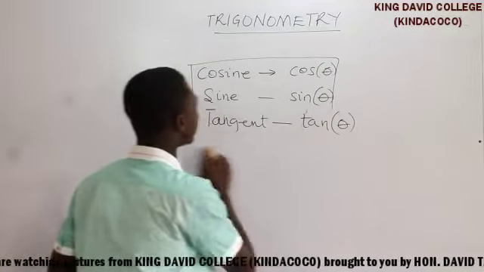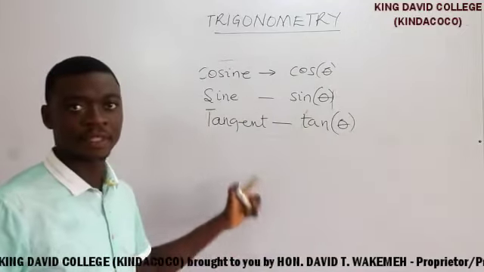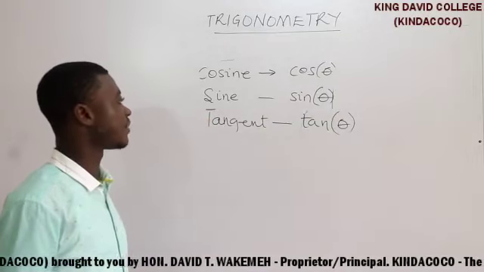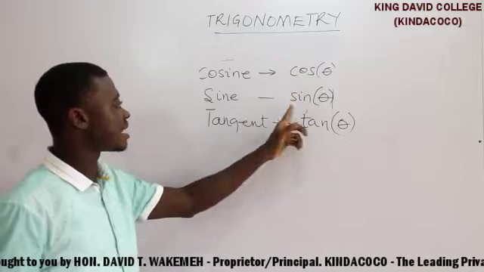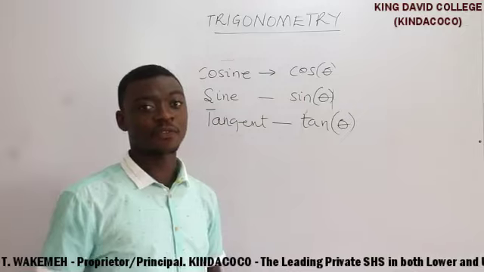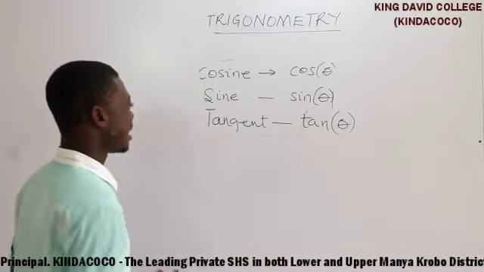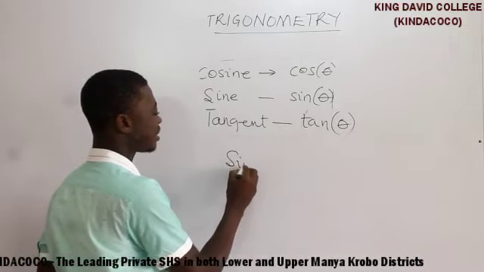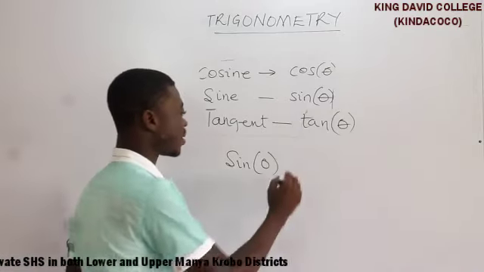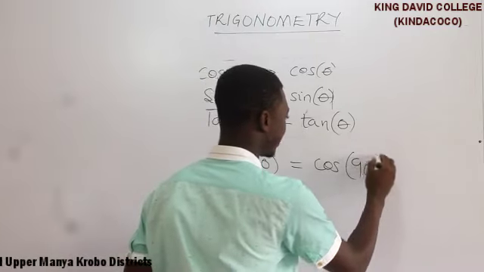Now let's establish a relationship between these three quantities we have here. Now cosine and then sine, they are just 90 degrees out of phase with each other. What I mean by 90 degrees is that the sine of say an angle 0 is equal to the cos of an angle 90 degrees.